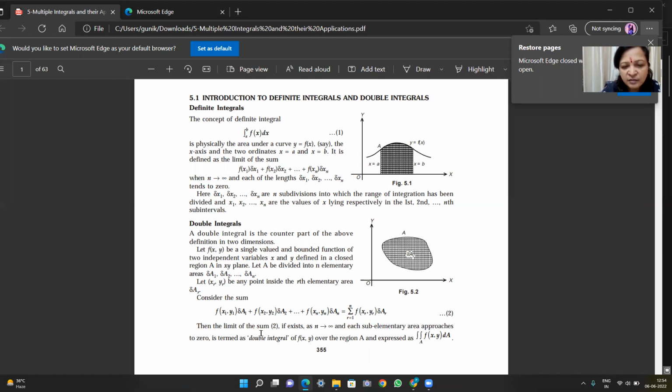Then the limit of the sum, if it exists as n tends to infinity, is defined as the double integral of the function over the region A, and it is expressed as double integral over area A f(x,y) dA.